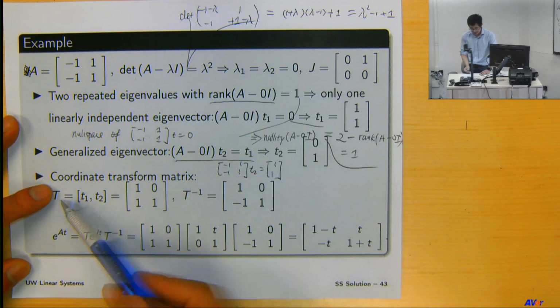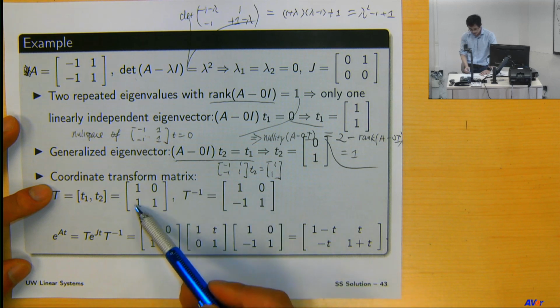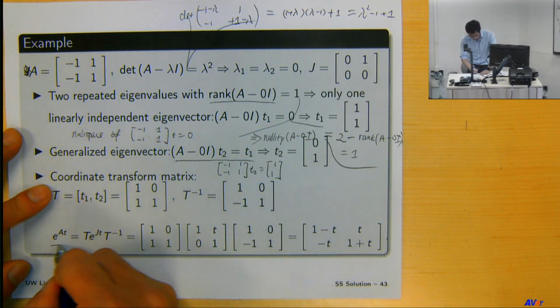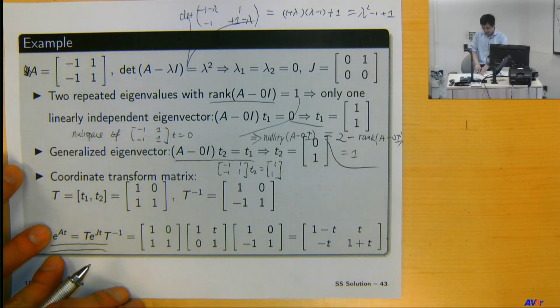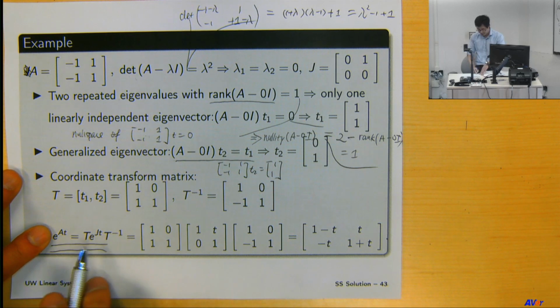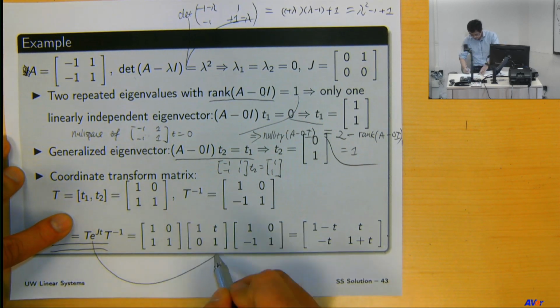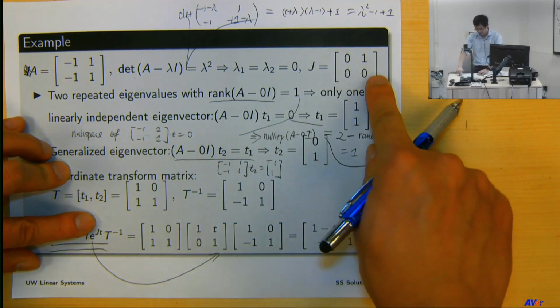So T is this, you can compute the T inverse, and then it's going to be 1, 1, negative 1, 0. So the solution in the end, if you want to compute e to the AT, you can simply do T times the exponential function of a Jordan form, right?